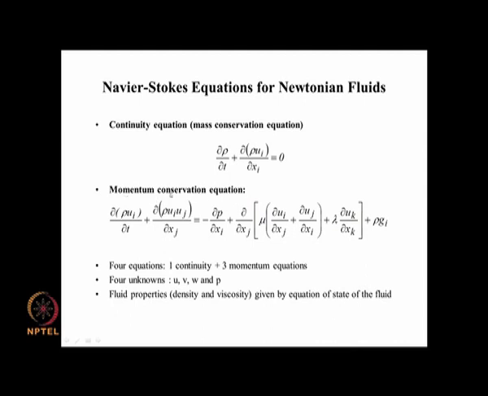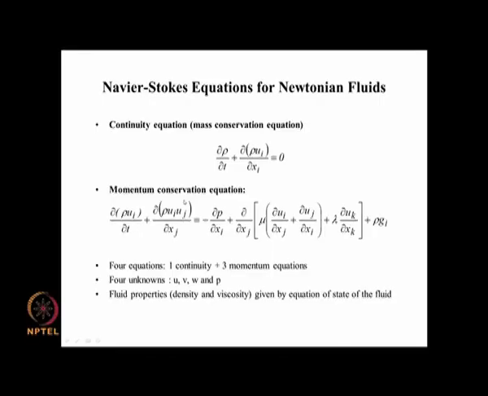That is, the relation between stress and deformation strain rate is linear, and the medium is isotropic. Those are the two assumptions of the Newtonian fluid, and once we do that, we can substitute sigma as minus p delta_ij, which gives us minus ∂p/∂x_i plus ∂/∂x_j of the stress component, giving rise to this equation.